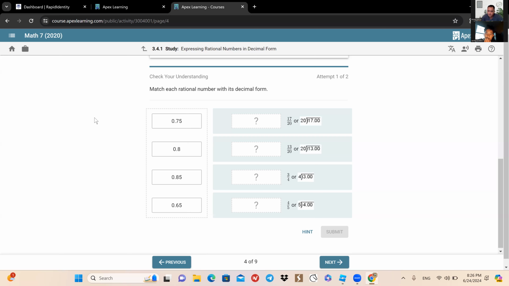Because 75 we can write as 25 times 3, and 100 is 25 times 4. You just write in your notebook 75 over 100, right?